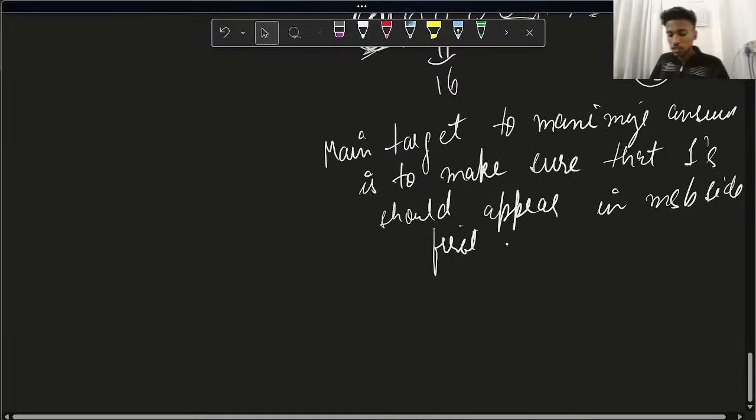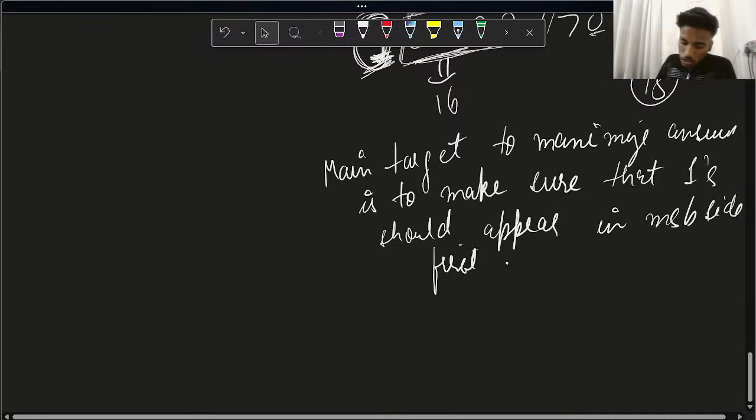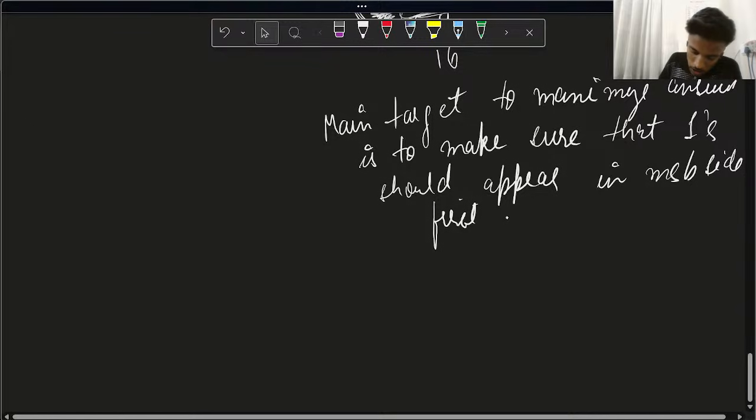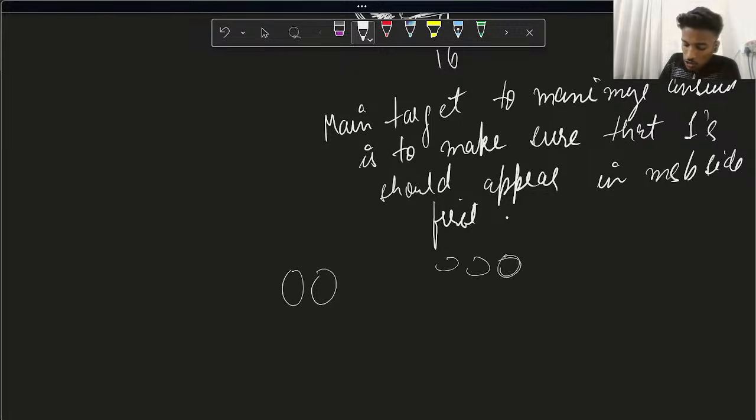In order to maximize, you have to make sure that the MSB sides are getting one. Because suppose you start making LSB sides one, you may consume some zeros and ones for that. But our main target is to make sure that the ones are in the MSB side. Okay, so ones should be in the MSB side.